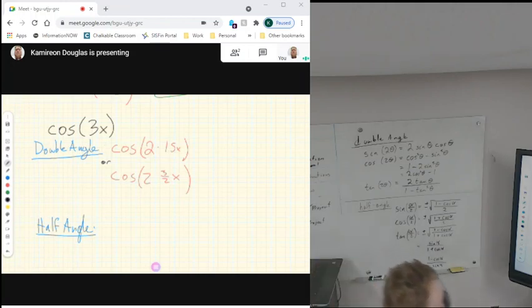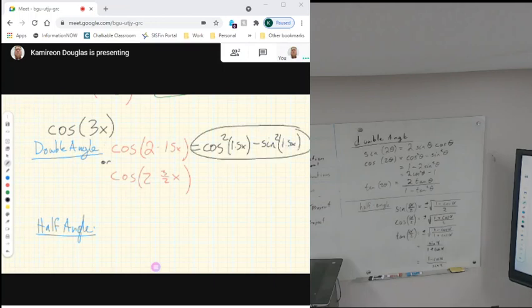Here we go. The top one would become cosine squared of my number, which is 1.5x, minus sine squared of my number, which would be 1.5x. That is one solution. If you wrote it the way Madeline suggested instead, it's again the same answer. Looks a little different.